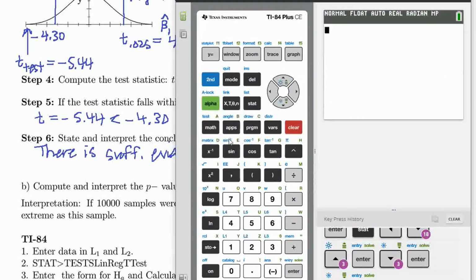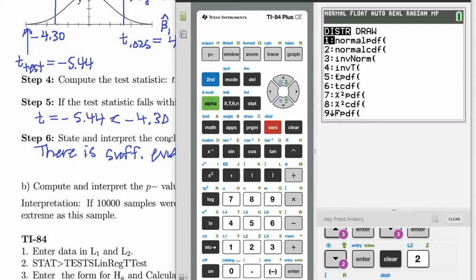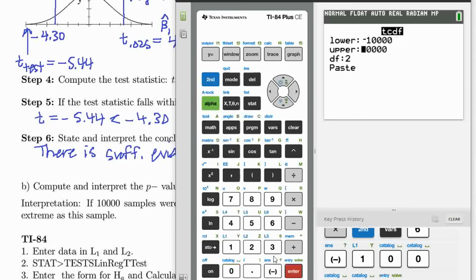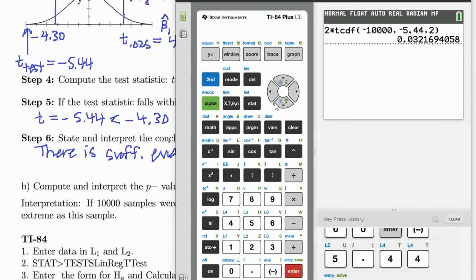So let's compute that on the calculator. So 2 times second variables, TCDF number 6. Negative 10,000 for our lower. For our upper, negative 5.44, degrees of freedom 2, paste it, 0.0322.